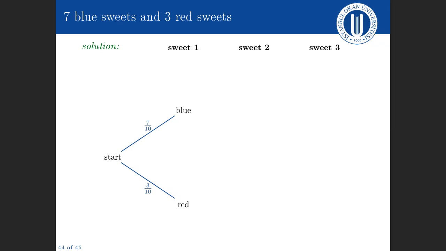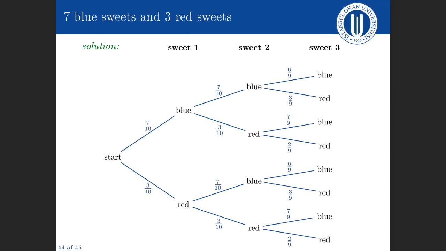And then Ron puts this sweet back in the bag, shakes the bag all around, and then he picks another sweet at random. The probabilities are going to be the same, 7 over 10 and 3 over 10. But this time he eats his sweet, so now there's only 9 sweets left. The 3rd sweet he picks out is going to be something over 9.